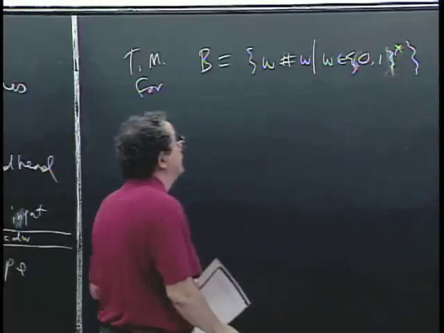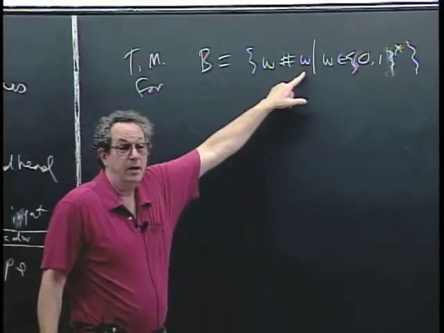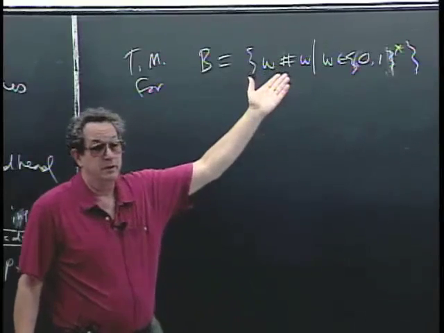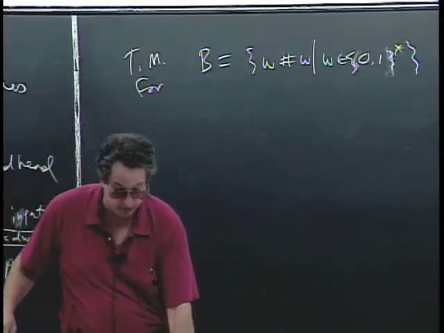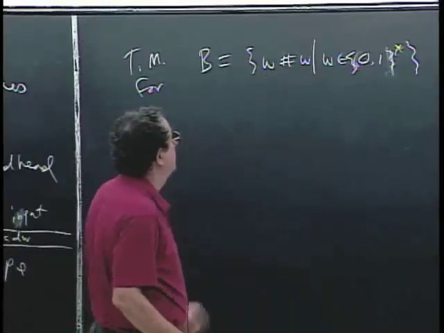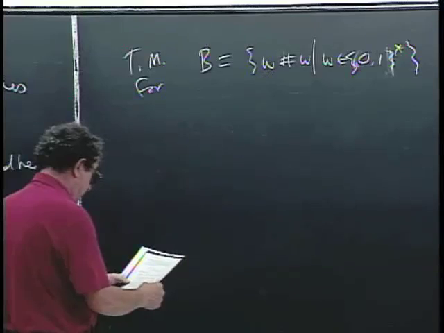So w is a binary string, then we have a hash, and then we have another copy of it. All right? We know this isn't a regular language, right? Although it is a language that we could recognize by a PDA. Everybody, I think, has seen that. So let's see what a Turing machine does on this.